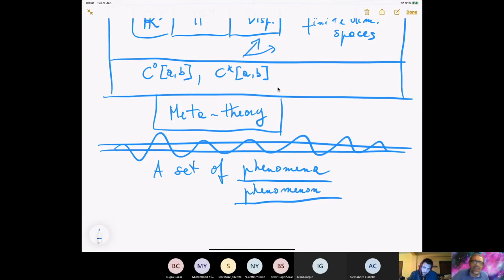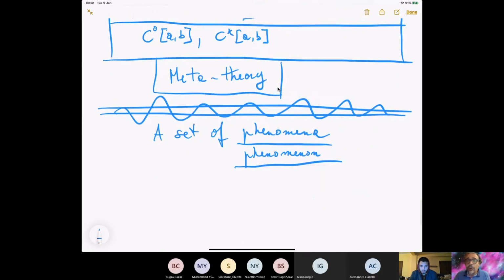I'm sure that in every language, included Turkish, Georgian, Japanese, I believe also Chinese, you use phenomenon, the same word, for meaning facts observed in the real world.